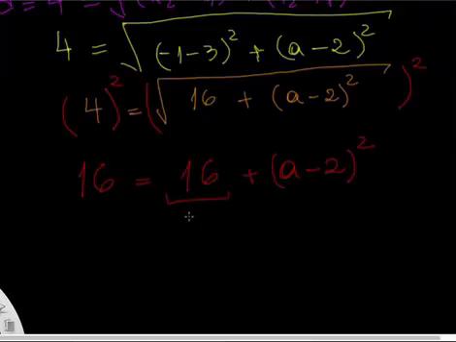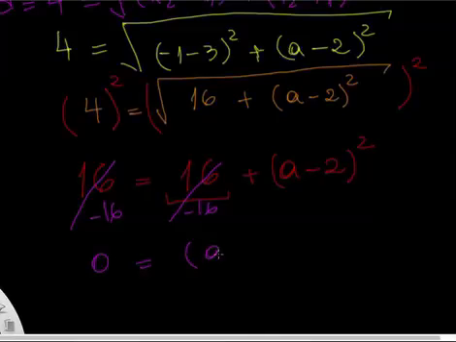So of course I'm going to do minus 16 on both sides, and this gets simplified, so this becomes 0. Okay, and I have my a minus 2 squared.